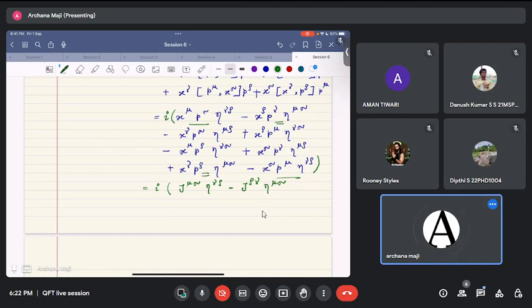Okay, then this term along with this one give us minus j nu sigma eta mu rho, and the remaining two terms j rho mu eta mu sigma. Is this clear, everything?